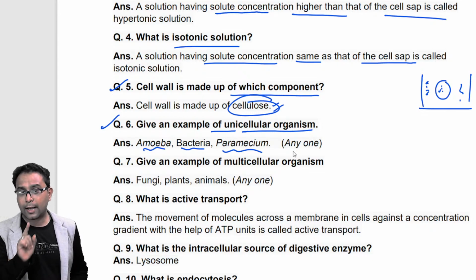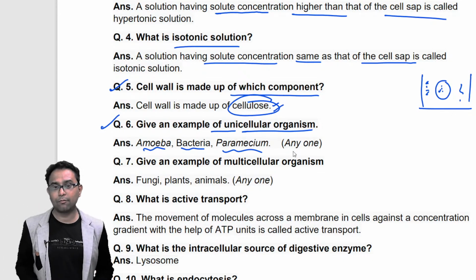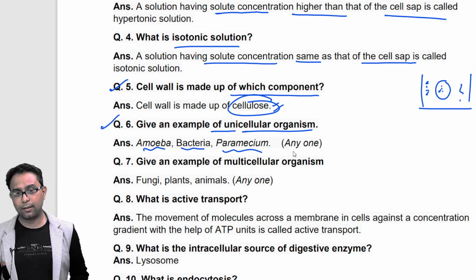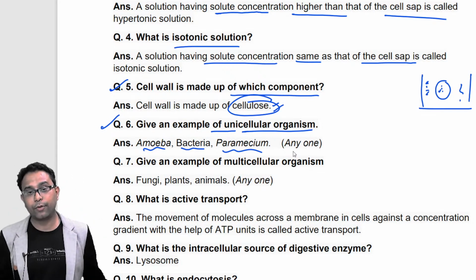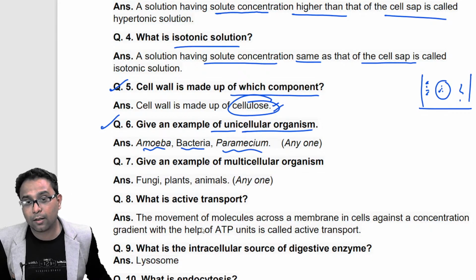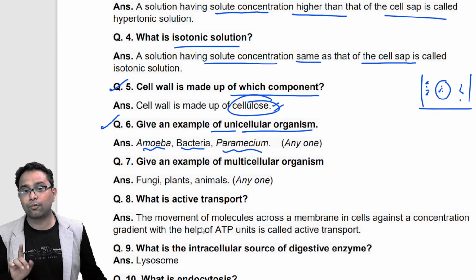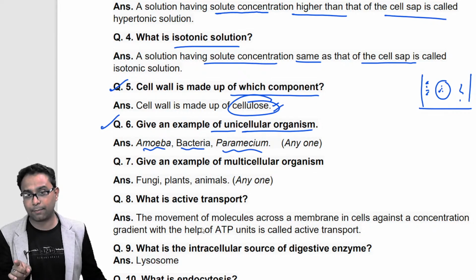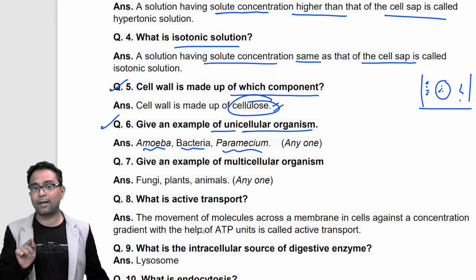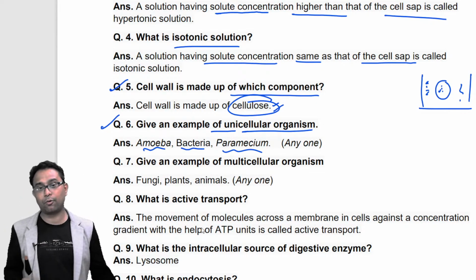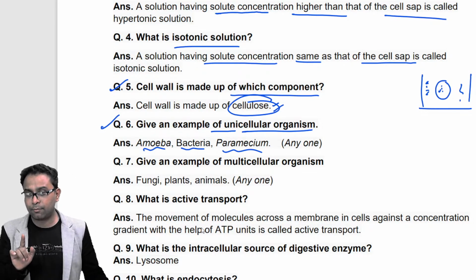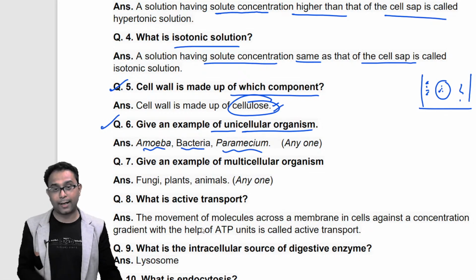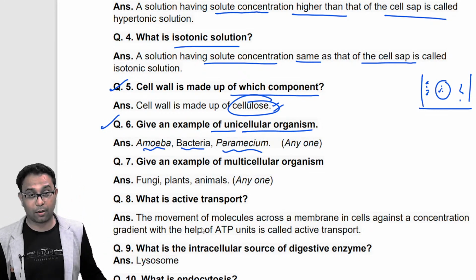But you know, amoeba, bacteria and paramecium, which one is the prokaryotic cell? Please write down in the comment box or the chat box which one is the prokaryotic cell among the three examples I gave you. All of these three examples are unicellular organisms, but which one is the prokaryotic?